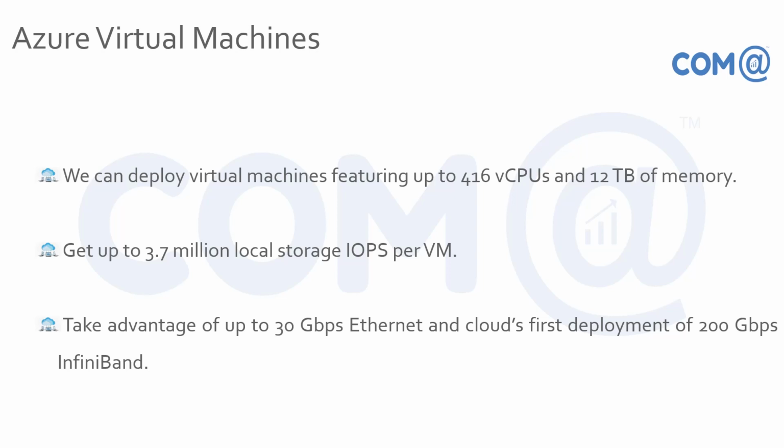So get up to 3.7 million local storage IOPS per virtual machine. And also we can take advantage of 30 gigabits per second Ethernet and cloud's first deployment of 200 Gbps, that is 200 gigabits per second InfiniBand. So we can have huge virtual machines.